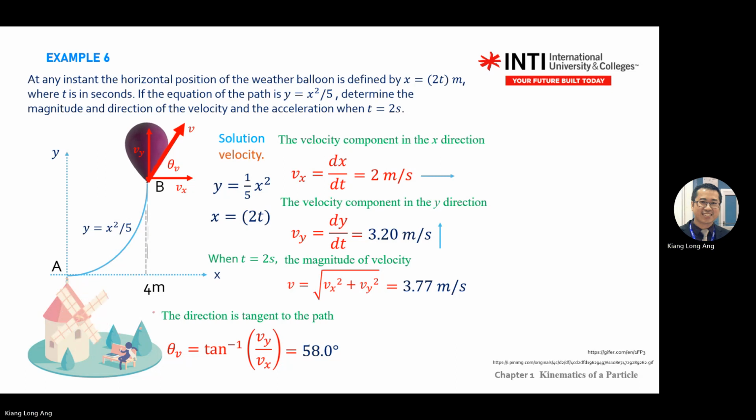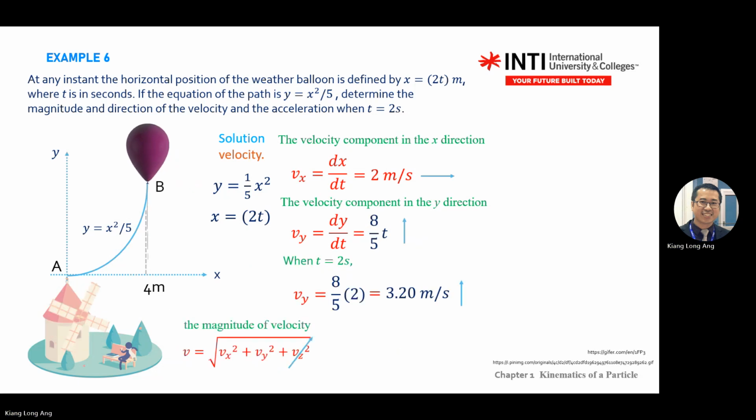What is your Vy? Your Vy just now got one equation. So your Ay equal to dVy dt. Vy is in the equation 8/5 t. So you need to differentiate, right? What is the answer when you differentiate with time?